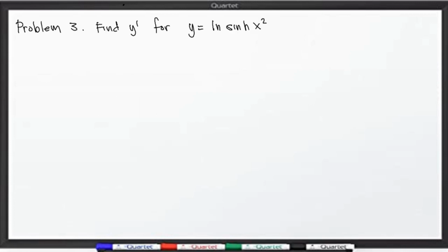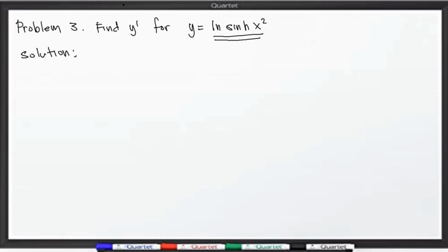We have problem number 3. Find y prime for y is equal to ln of sinh x squared. So, we say solution. Medyo sariwa pa sa alaala po natin ito dahil nakakatapos lang natin ng derivatives of logarithmic functions.